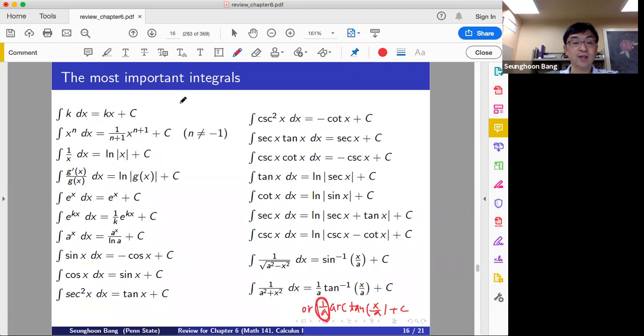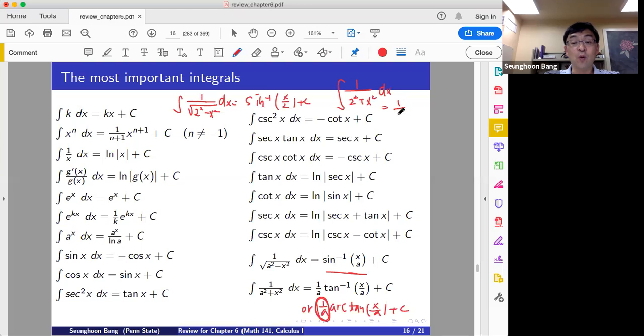One example is the integral of 1 over the square root of 2 squared minus x squared dx. You can use this formula exactly. Inverse sine of x over 2 plus c. But the integral of 1 over 2 squared plus x squared dx, what is the answer?